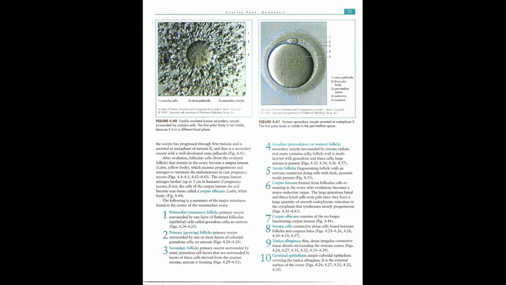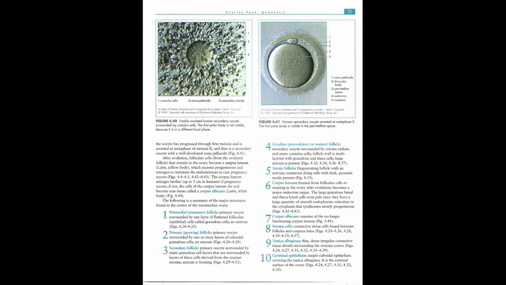Fig 4.44. The following is a summary of the major structures found in the cortex of the mammalian ovary. Primordial, immature, follicle: primary oocyte surrounded by one layer of flattened follicular, epithelial, cells called granulosa cells, no antrum, Figs 4.24 to 4.25.